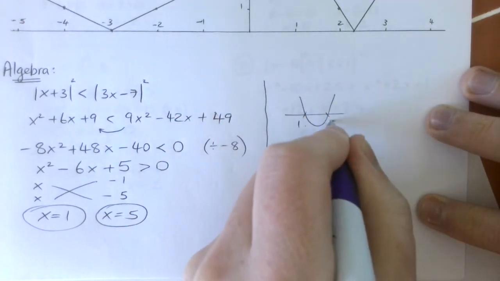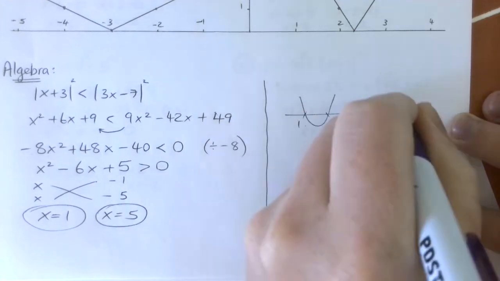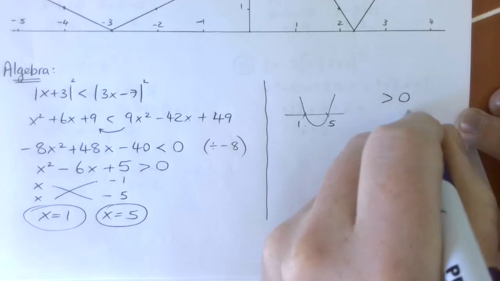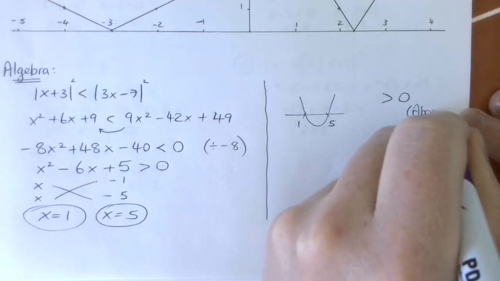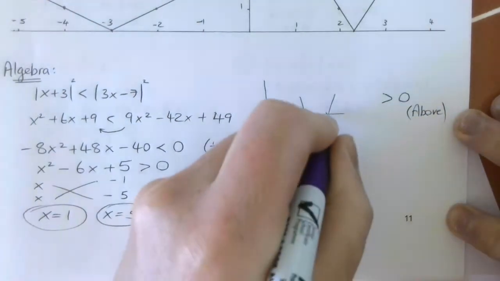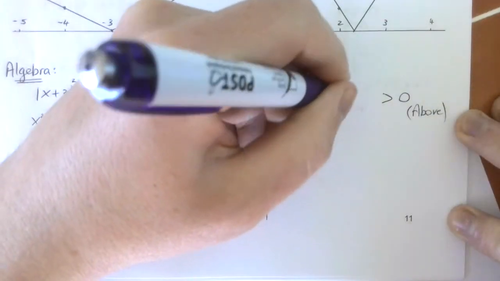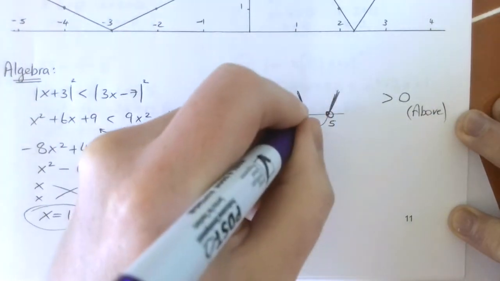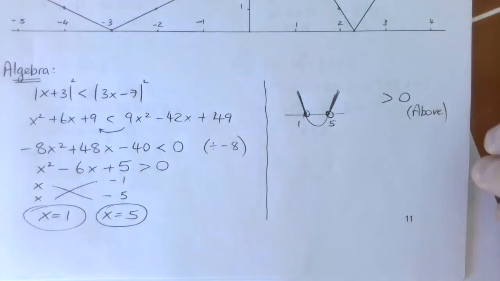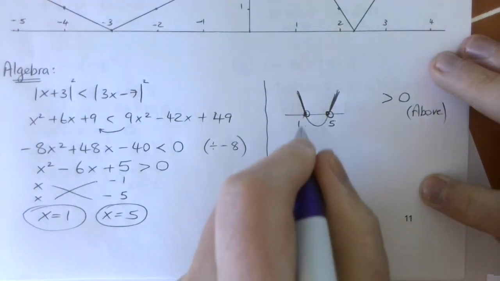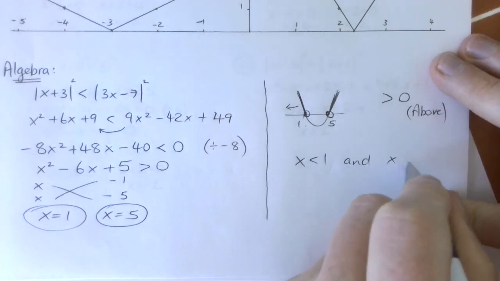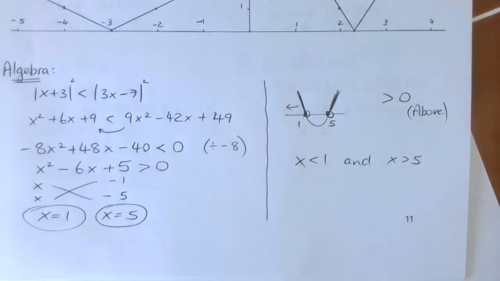We've got 1, we've got 5, and then since it's greater than 0, it's going to be above the curve. And where these were above the curve was the outsides. Now we just put a circle around each of those because it can't be equal to 1. So it's going to be x is less than 1 and x is greater than 5.